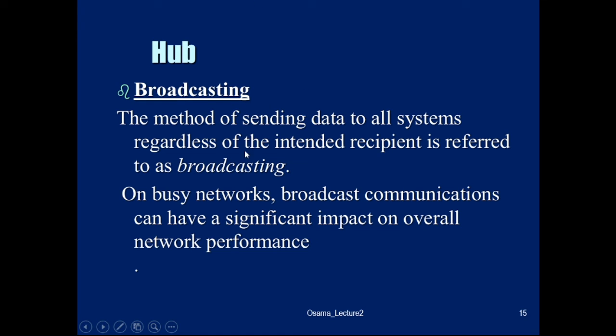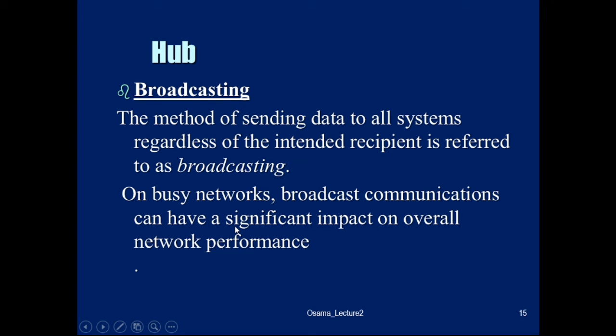In the exam, I will ask you what you mean by the concept of broadcasting. The method of sending data to all systems, not just one, for intended reception is referred to as broadcasting. On a busy network, broadcast communication can have a significant impact on overall network performance.